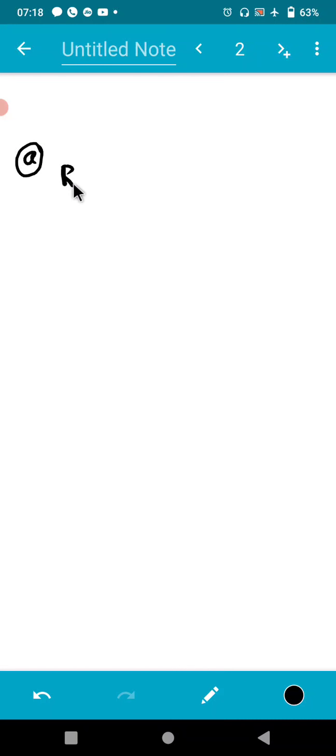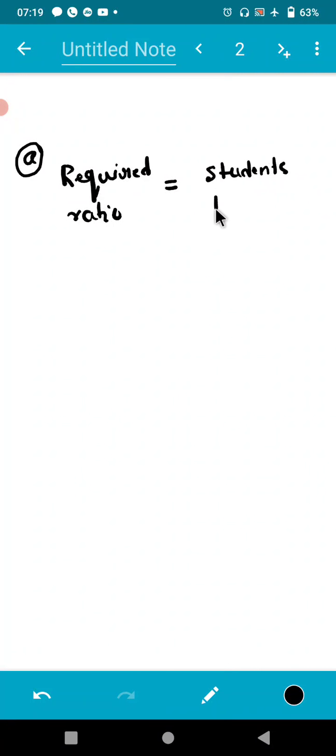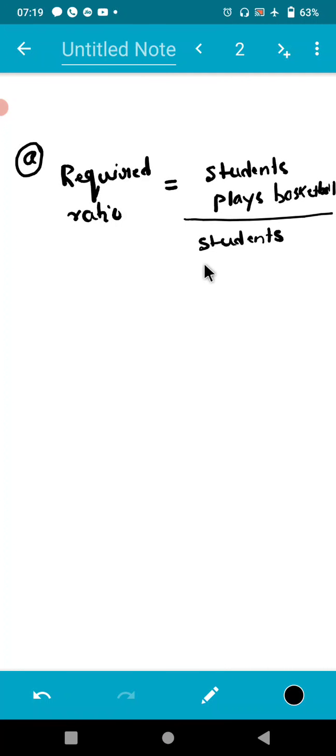Now the required ratio would be equal to students who play basketball by students who play table tennis.